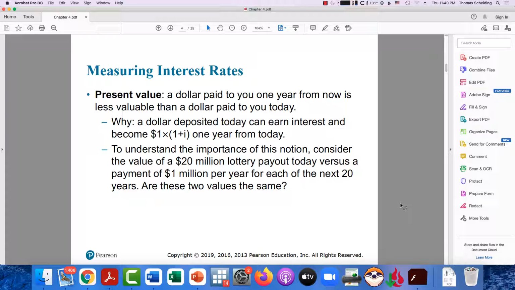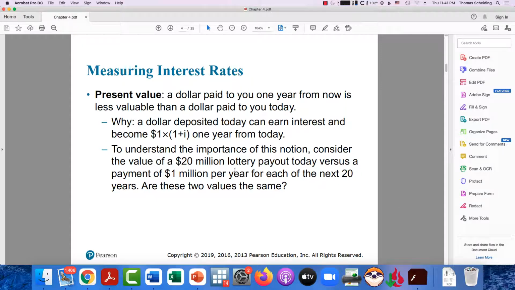The idea behind present value is that money that is given to someone today is more valuable than money that's given to someone in the future. And that difference is going to be determined by the interest that could have been earned in that period of time.